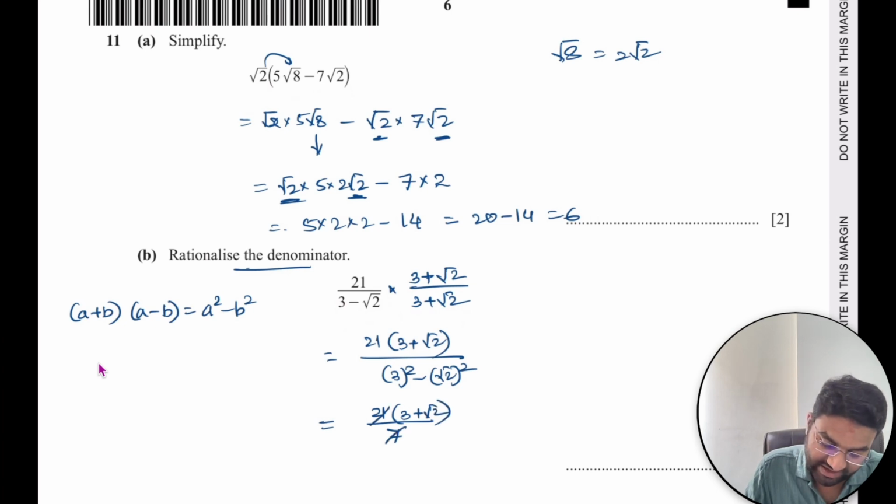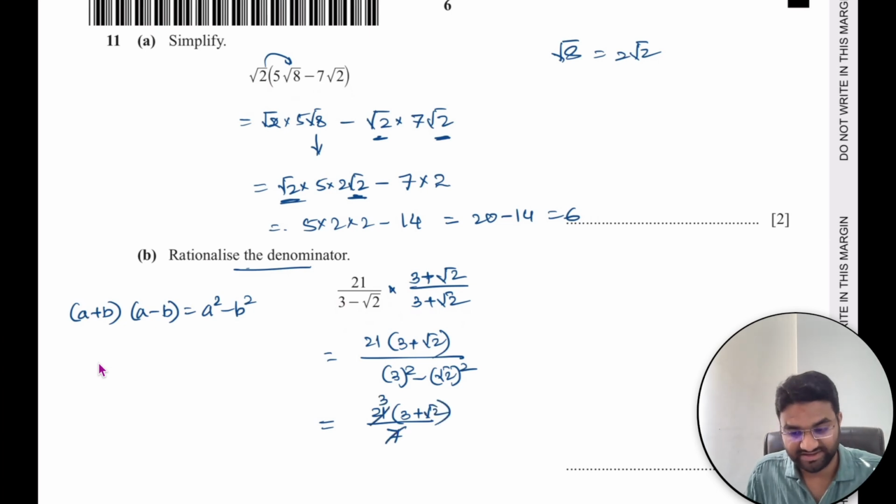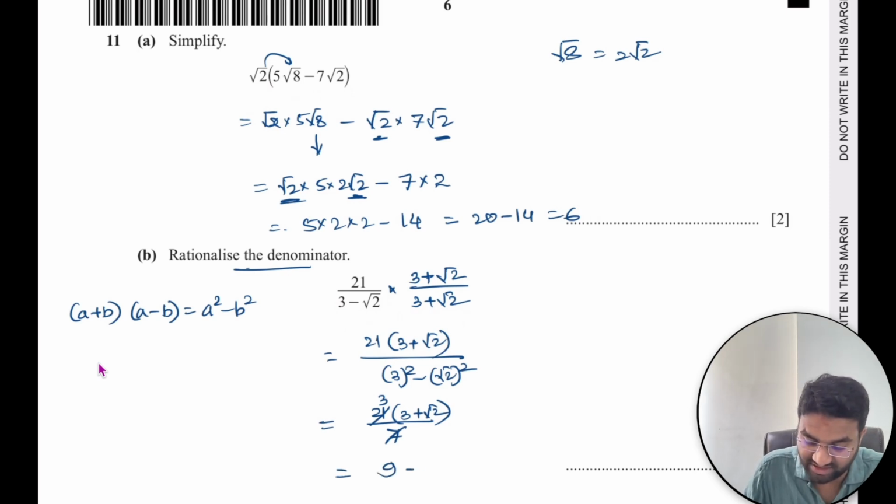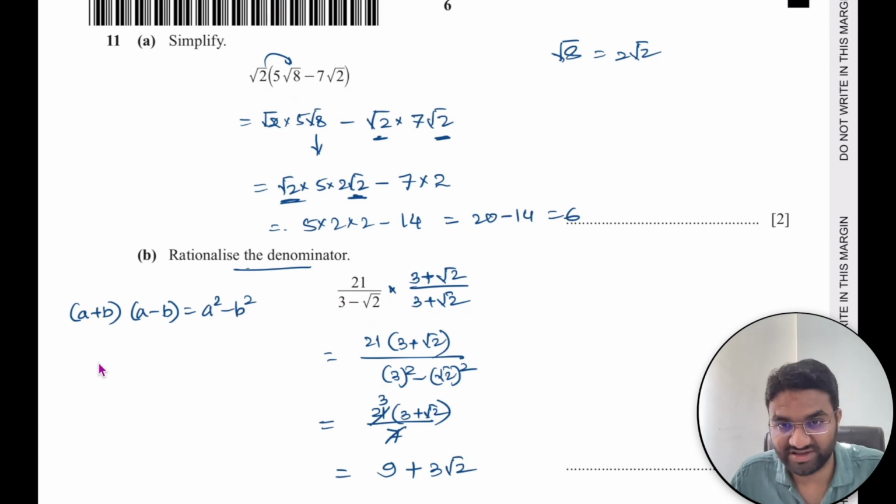So 21 divided by 7 is 3, and 3 multiplied in the bracket is 3 times 3, 9, plus 3 root 2, isn't it? Simple. This is the answer. This is a 2 mark question. If you write these steps, you will get the marks.